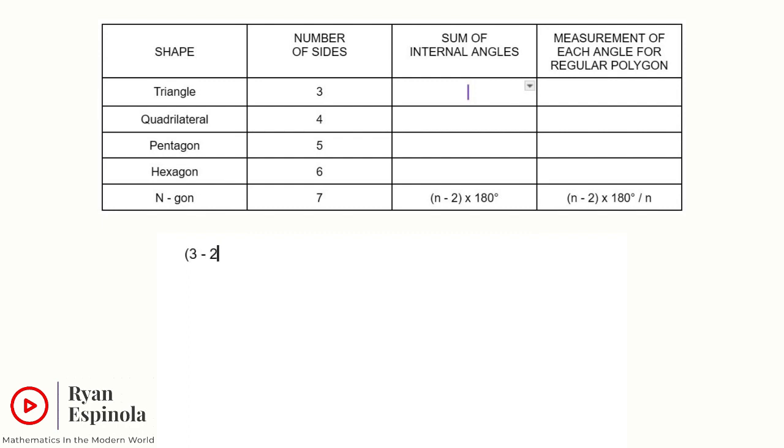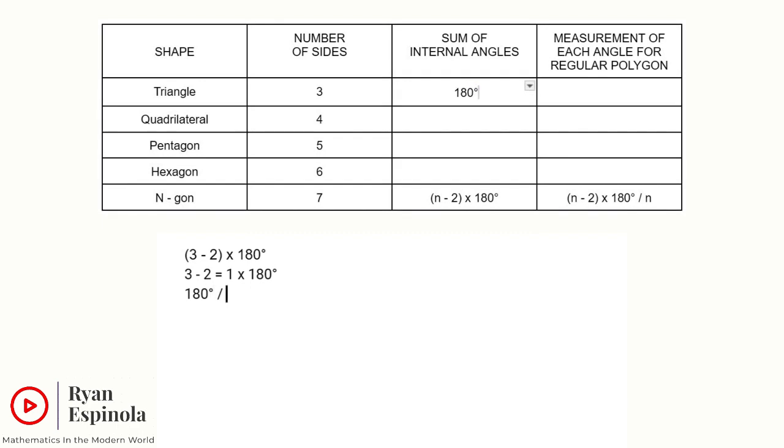Calculate the expression in the parentheses first according to the order of operations. So, 3, which is the number of sides, minus 2 equals 1. Then multiply the result, which is 1, by 180 degrees, which gives us the answer of 180 degrees, which is the sum of internal angles.